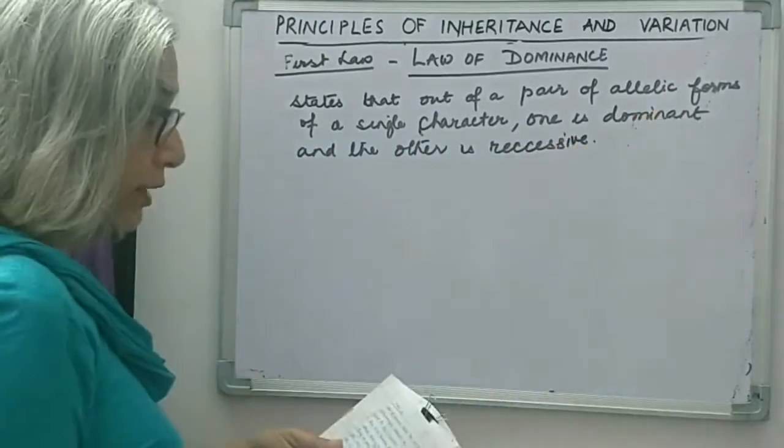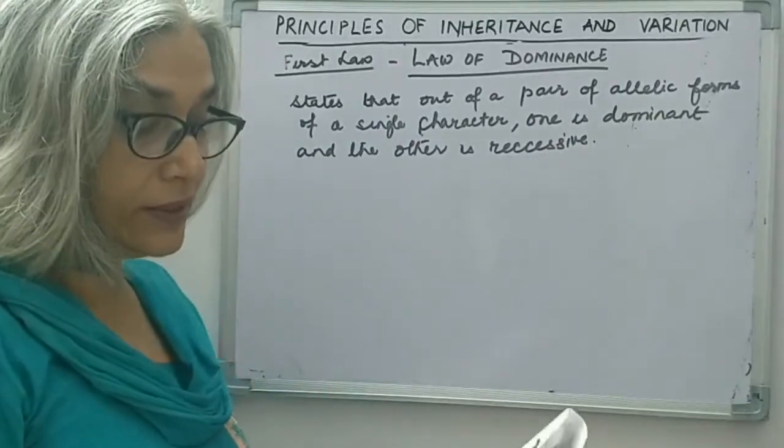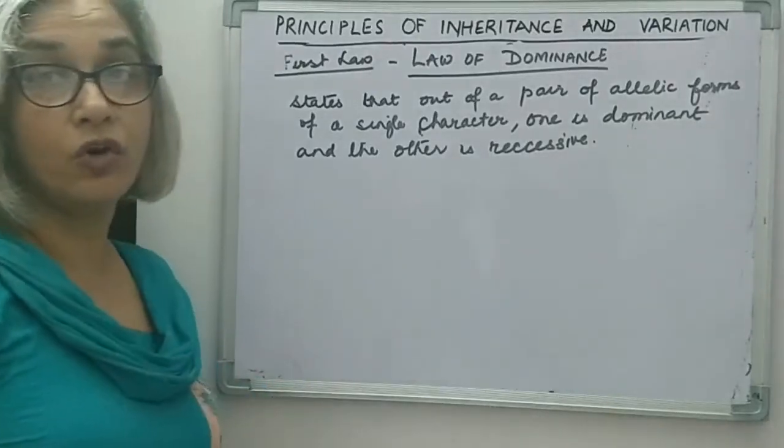Dominant is the one that is expressed and recessive is the one that is not expressed. So this is the first law.